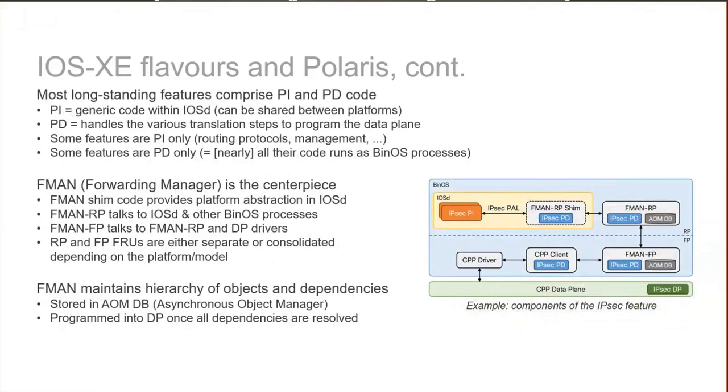It can be shared between multiple platforms as it is, but PD is where the same upstream code, that is the PI code, can be translated and used with different hardware. So that will be dependent on what hardware we are using. That's why that becomes platform dependent.